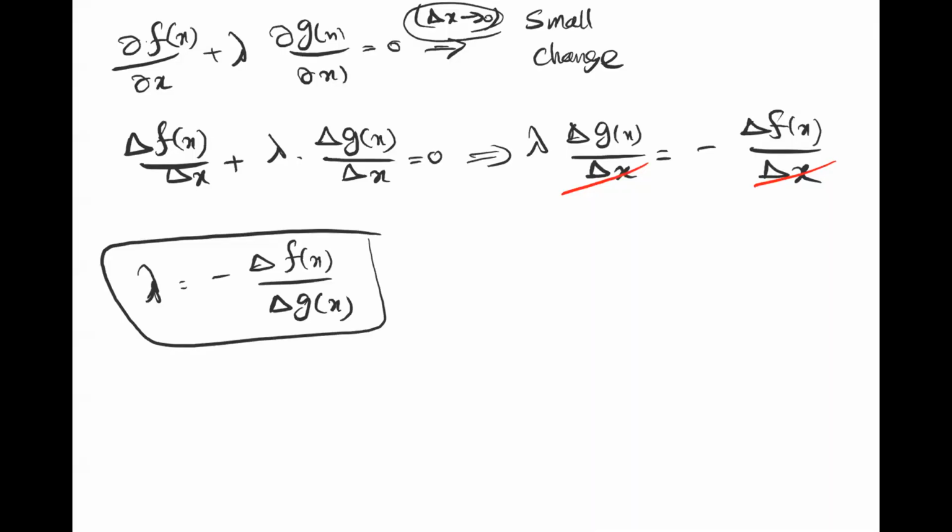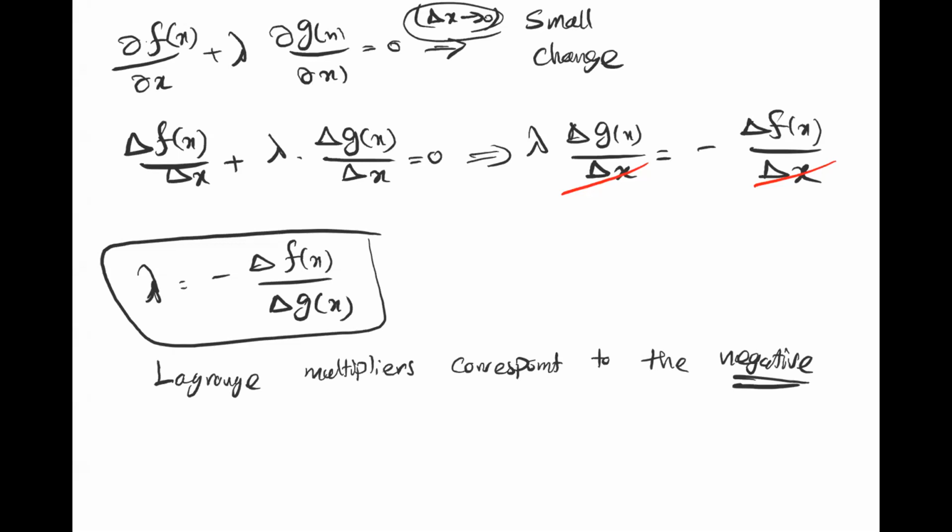Let me write it here. Lagrange multipliers correspond to the negative sensitivity of the objective function. What's the objective function? f of x. What's the sensitivity of the objective function?